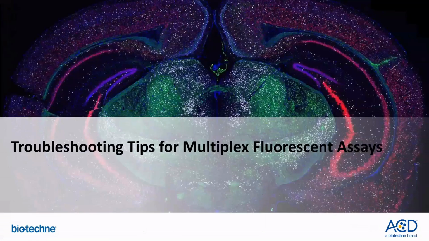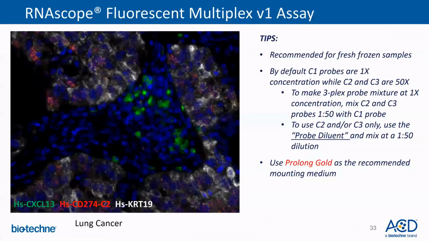We will now go through some troubleshooting tips for the multiplex fluorescent assays. Shown on this slide is a successful 3-plex staining with the V1 assay for a lung cancer tissue sample. The V1 assay is recommended for fresh frozen samples.